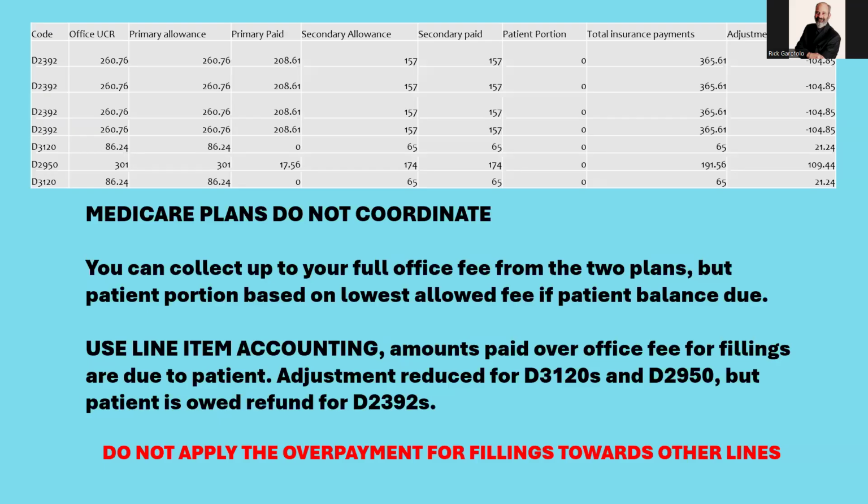So here we see for the fillings, the full office fee, UCR, is 260.76. We're out of network with the primary. So the primary allowance matches our UCR in the calculator because we're out of network.